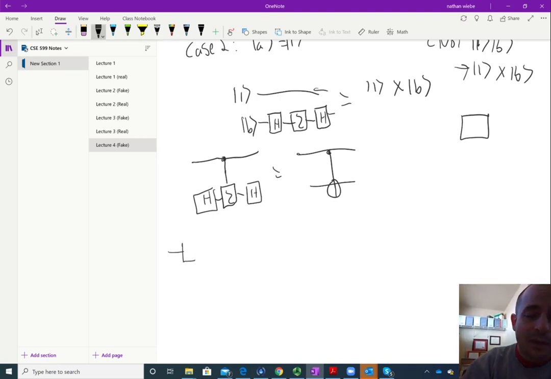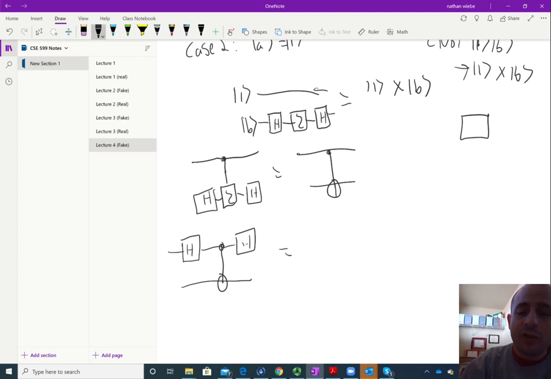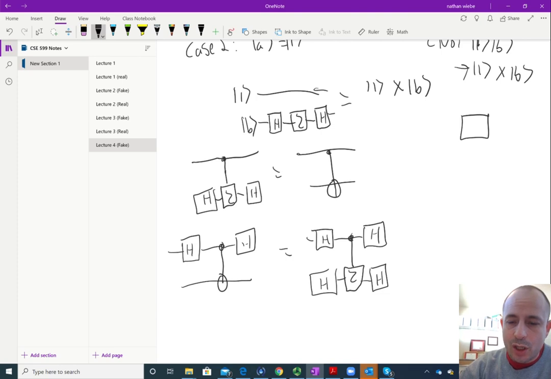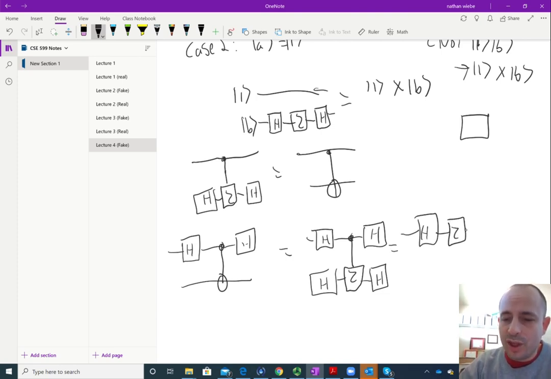So going back to the case where we have H, C0, H going down, using the above identity, this is the same thing as H, controlled Z, H. This is the same thing as H, controlled Z going up, with H's on the other side, and 2 H's down here.